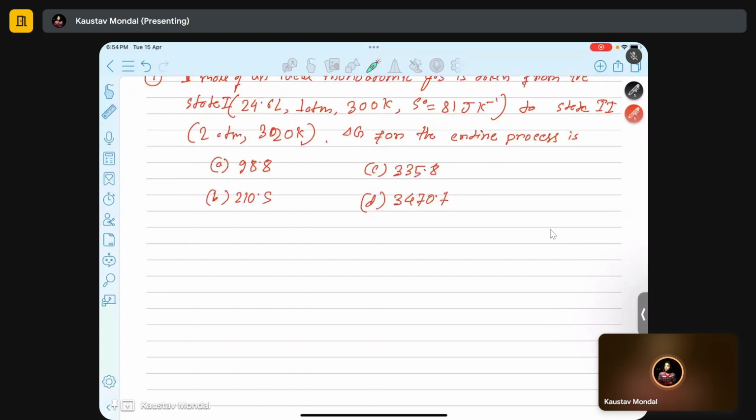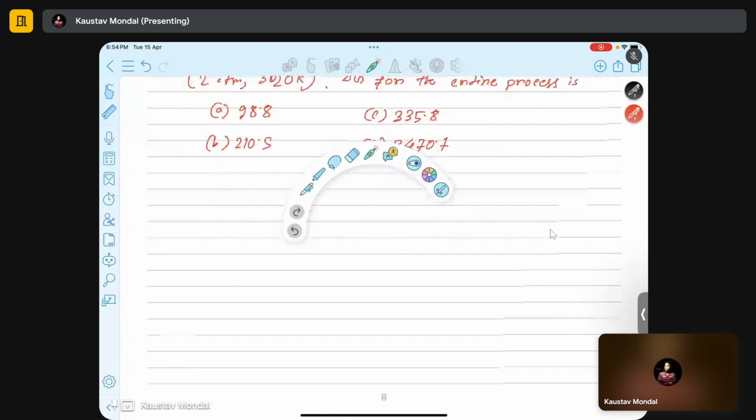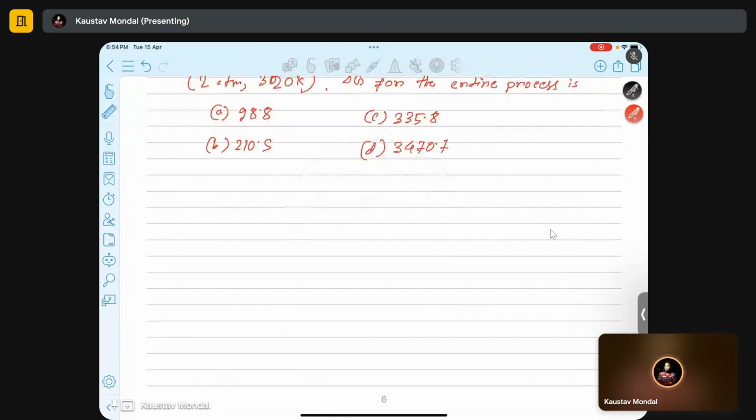How can we solve this problem? From the thermodynamic potential point of view, delta G we know is delta H minus T delta S. This we know, right?